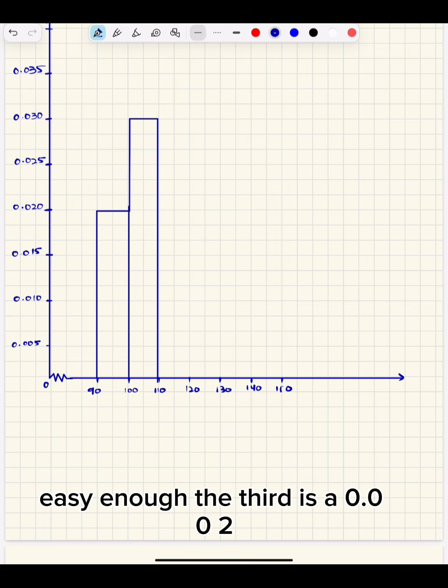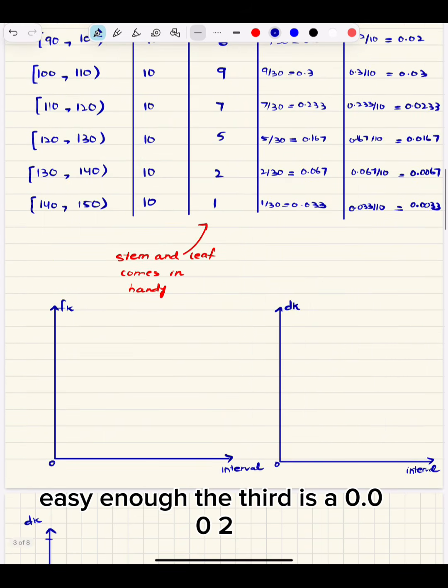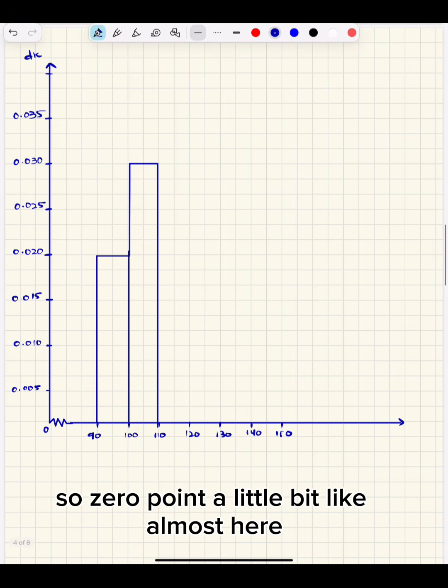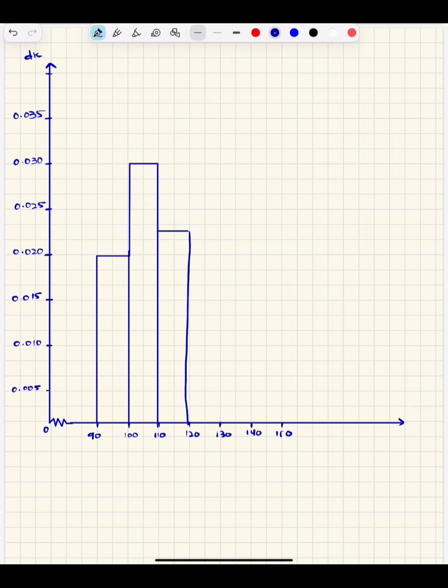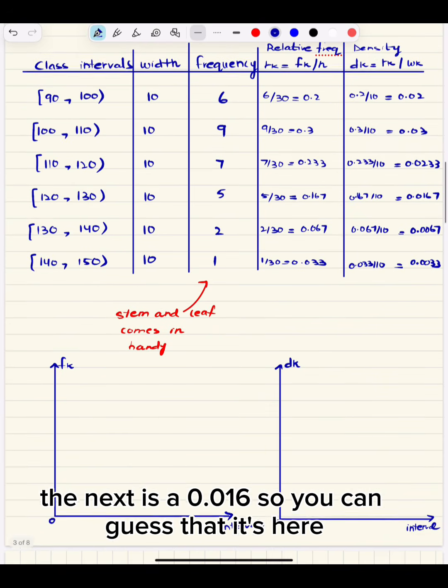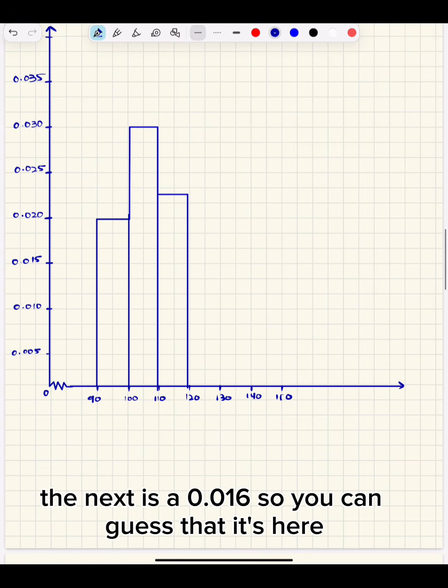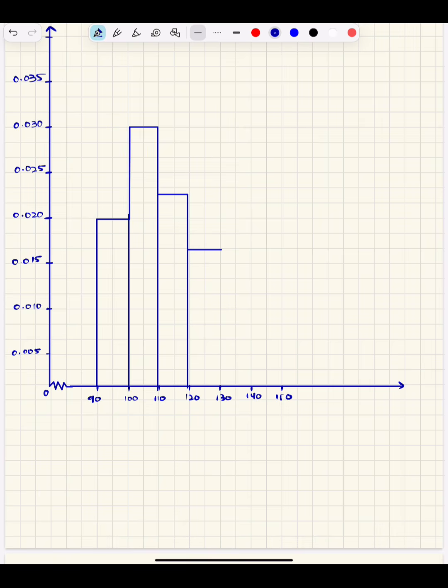Easy enough. The third is a 0.0233, a little bit above this one. So a little bit like almost here. Okay. The next is a 0.016. So we can guess that it's here.